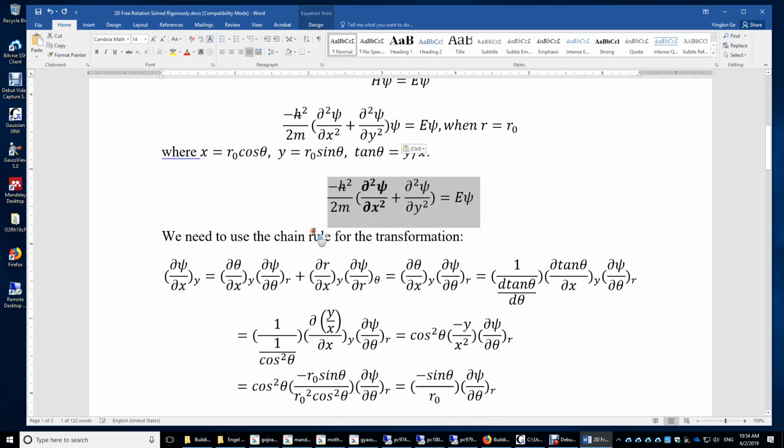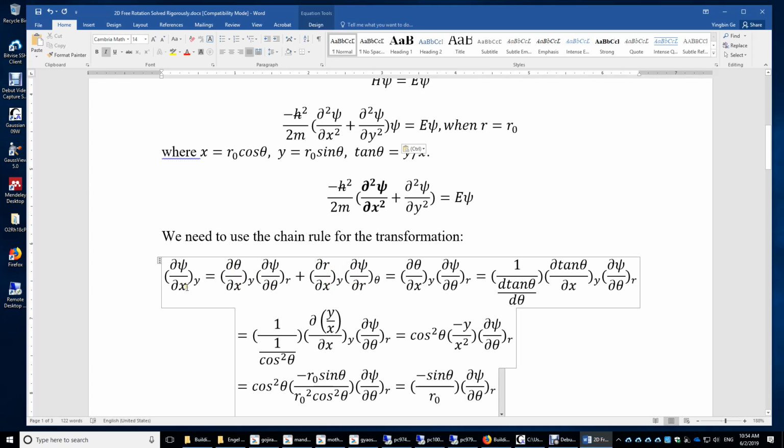We'll have to use the chain rule for the transformation. First, let's look at the first derivative of psi with respect to x. So the chain rule tells us this delta psi over delta x equals delta psi over delta theta times delta theta over delta x plus delta psi over delta r times delta r divided by delta x. Why is that?